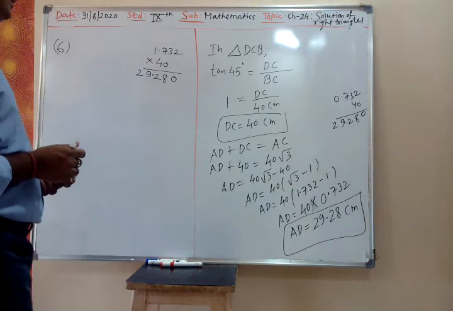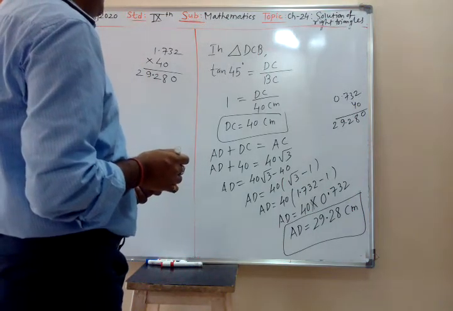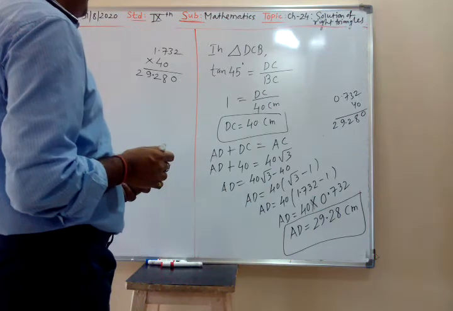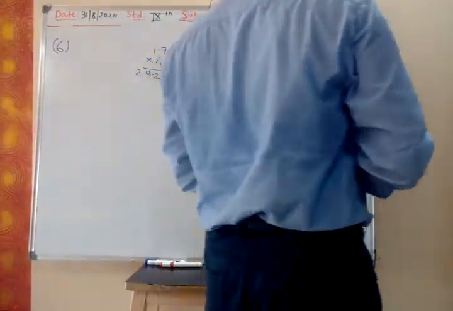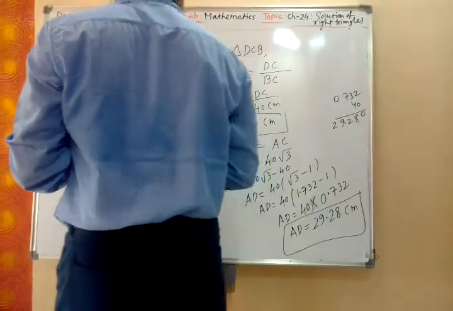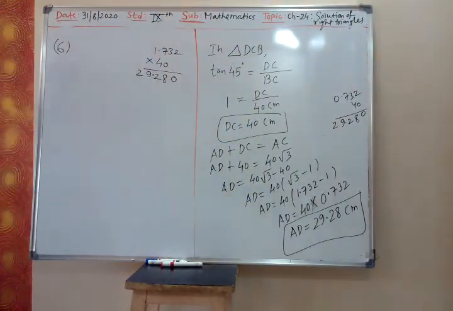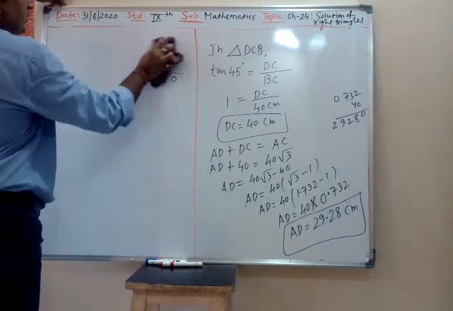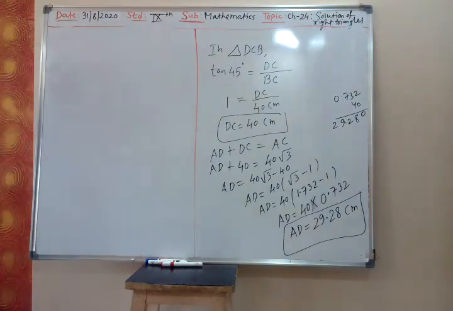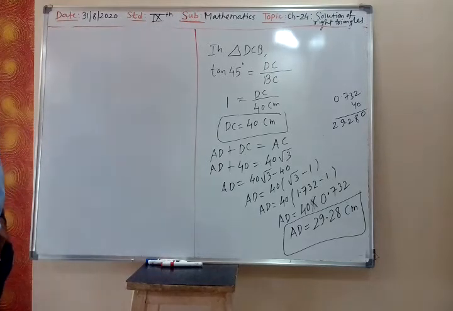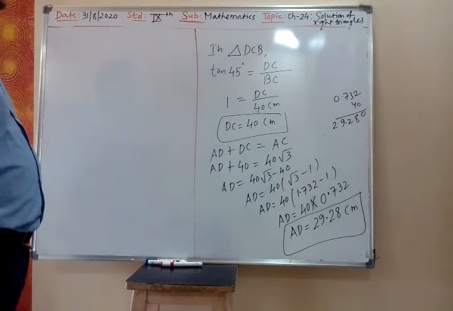Are you getting 40 root 3? Root 3 you multiply. No, how will it?